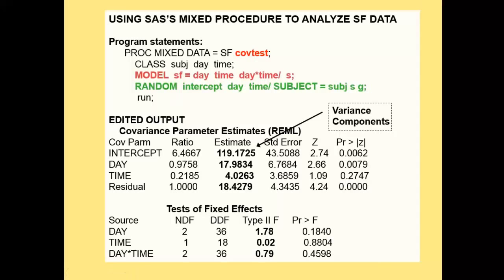What's that saying? What is it testing? What do you think this is testing? This is a way you can do a test for a random effect. It's testing whether there's a significant random effect of time. And what would your answer be? No, right?